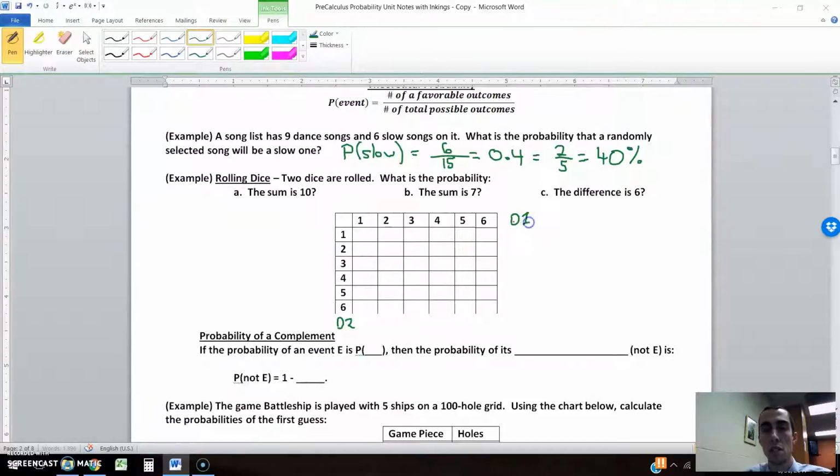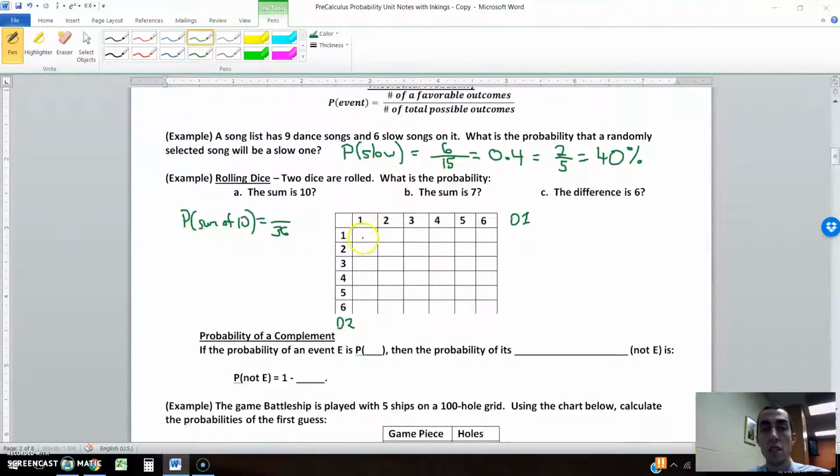Die 1 has 6 possibilities and die 2 has 6 possibilities. So all of those combinations will make 36 total possible outcomes. So probability of sum of 10 is going to be something divided by 36.